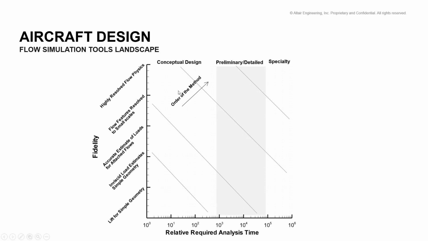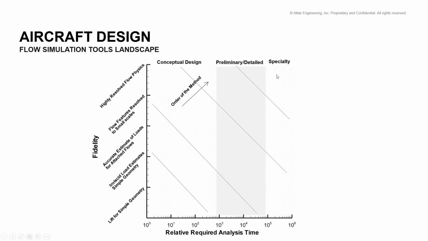Ordered vertically, you can see the conceptual designs requiring runtime in seconds to minutes, preliminary and detailed ones where it goes from minutes to hours, and specialty, where you can resolve a high level of physics and you don't need as many design iterations. You can go a bit lenient on the runtime goals, but again for specialty we are talking about days of simulations.